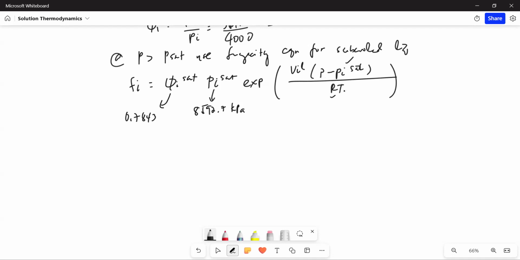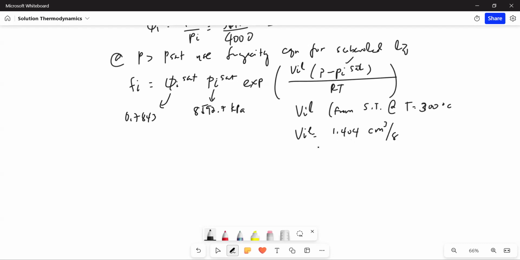And then we also have R and T, but we do not have V sub iL, which we can easily obtain from the steam table. From the steam table at 300 degrees Celsius, I won't detail that, so you just please read it. And this value is 1.404 cm cube per gram.